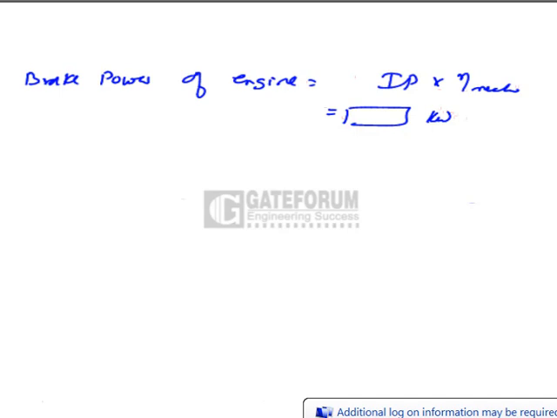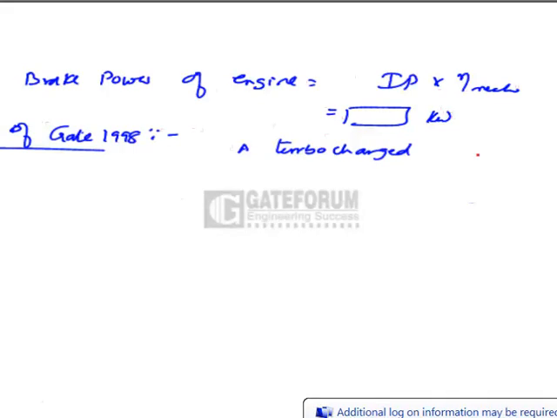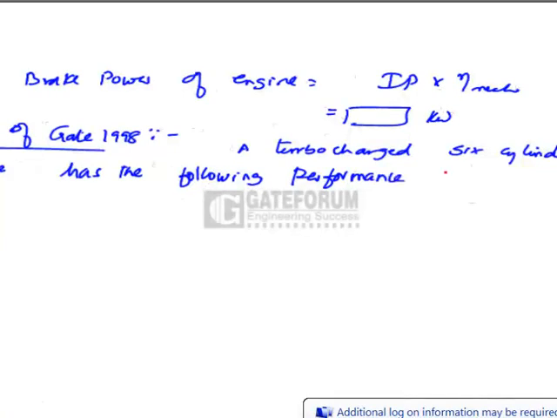Now I shall solve a problem given in GATE 1998. It is a problem on a turbocharged engine, which is given like this. A turbocharged 6-cylinder diesel engine has the following performance details.